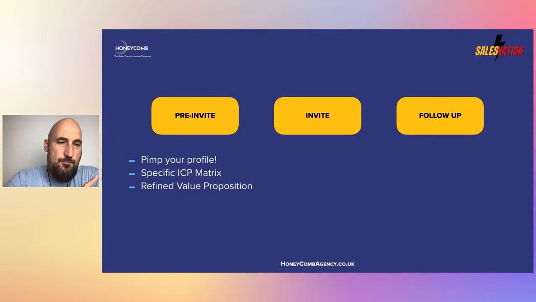Here's what we need to think about. There are different phases. One is before we send the invite. And I repeat myself, it's all about having a great, stellar profile. Number two, we need to have our specific ICP matrix in place, ideal customer profile and the target accounts. And also we want to refine our value proposition.